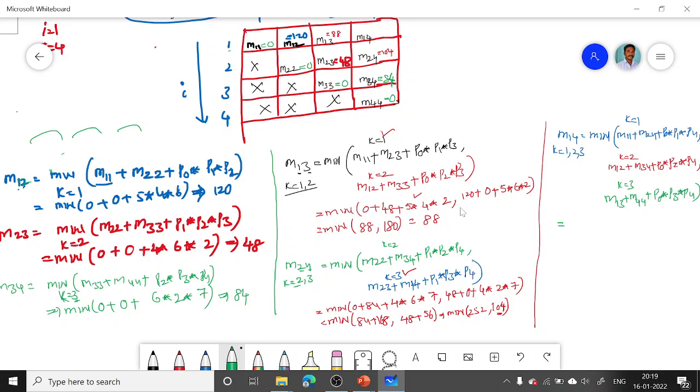Okay, so now what are the values? M11 we know, so minimum of 0 plus M24, already we know, what is the M24 value, 104, plus we know the P0 value, P1 value and P4 value.